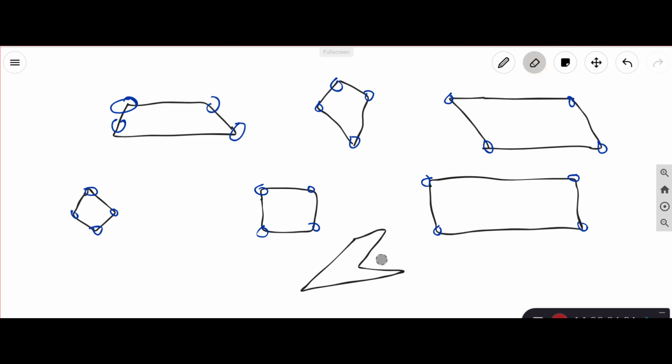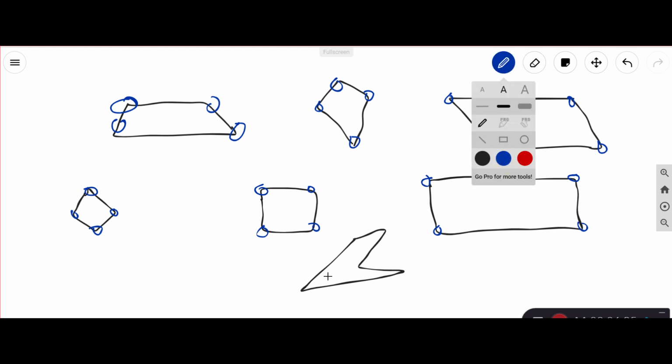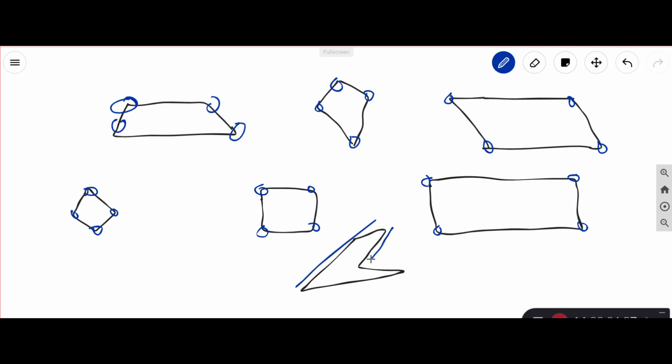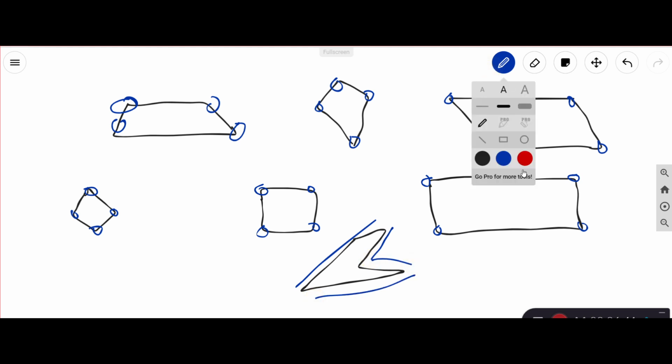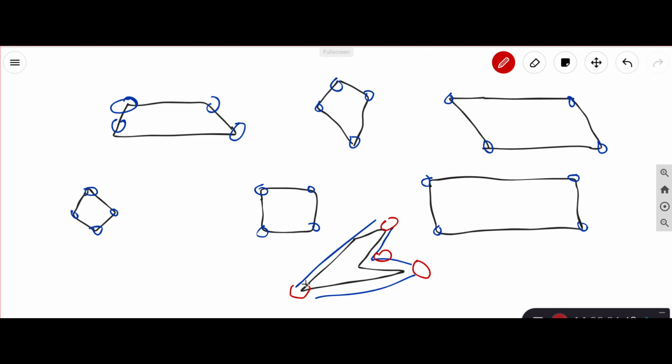Because you have your 4 sides, you have your 1, 2, 3, 4, and then your 4 corners. So this family is called quadrilaterals. And that is going to wrap up our lesson.